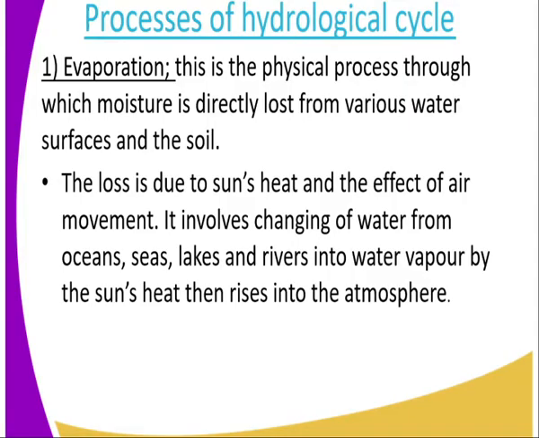This loss is due to the sun's heat and the effect of air movement. So there must be the presence of the sun, that is the heat from the sun, and also there must be the presence of the wind.